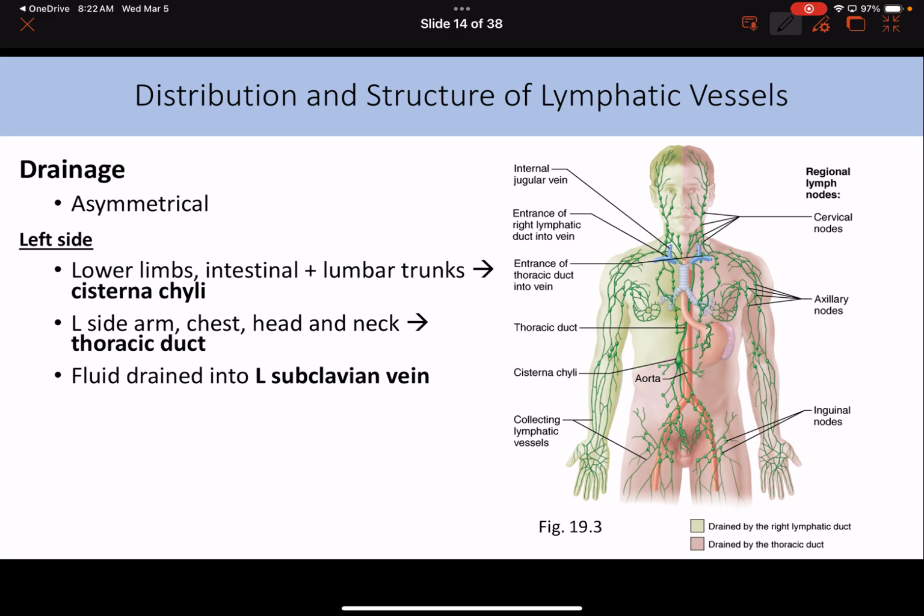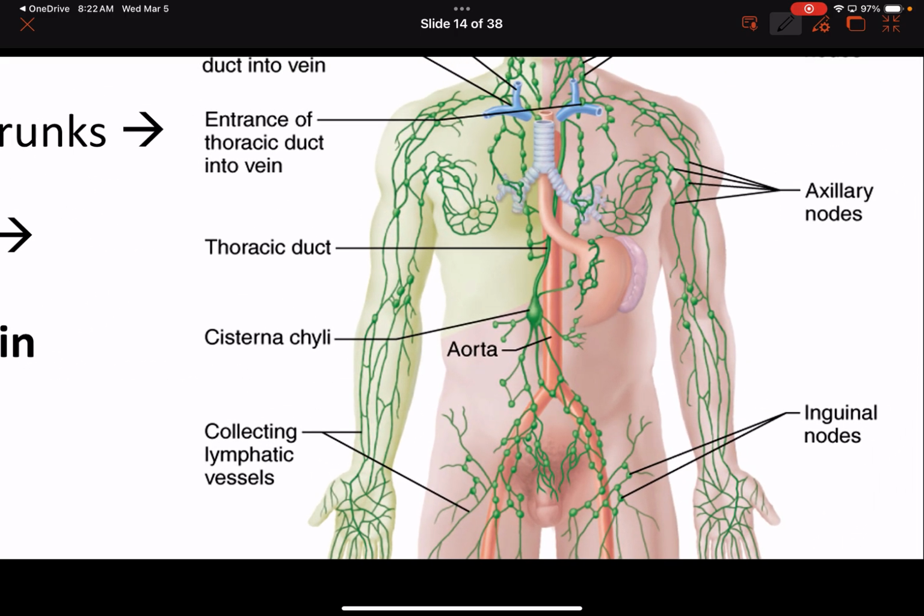So there's a thing called the cisterna chyli right here, okay? Because it does come from your abdomen as well, so from your digestive system, and your lymphatic system picks up fats from your digestive system, that cisterna chyli can get bigger after you've had a fatty meal. So once it's absorbed more of that chyle, more of that fat, that cisterna chyli will expand.